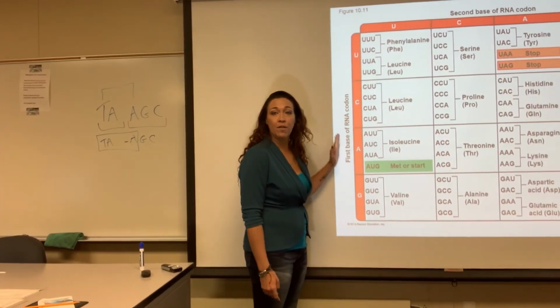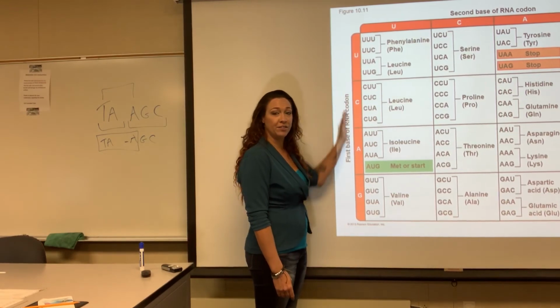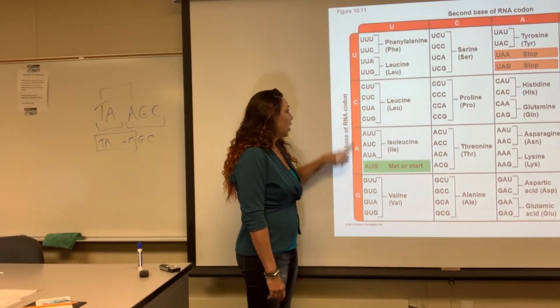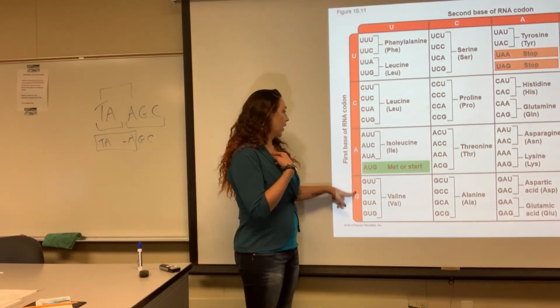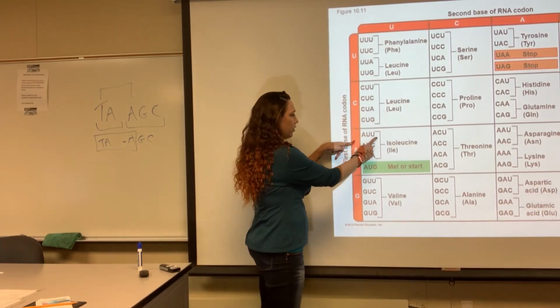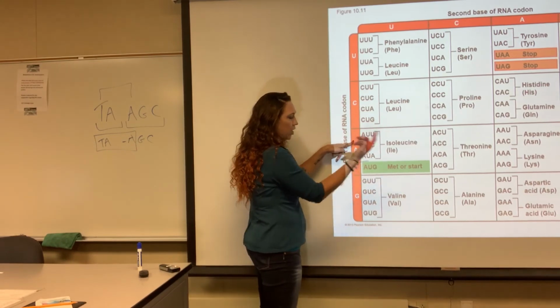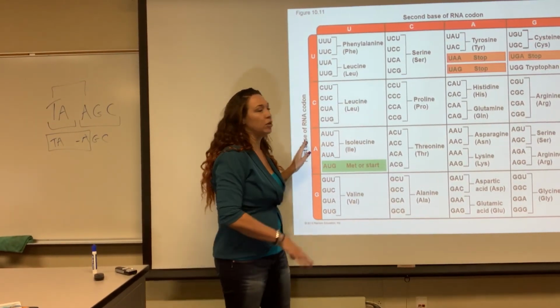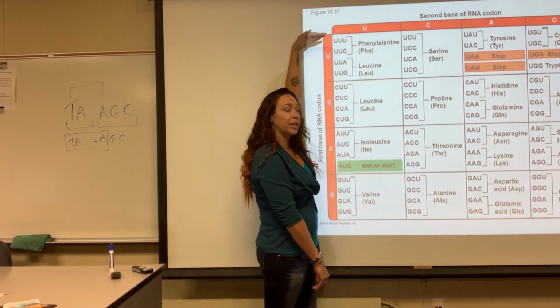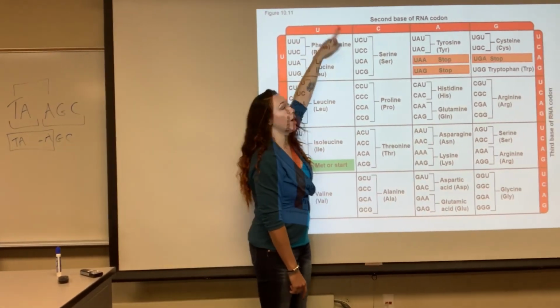So first up, we have our first codon right here on the left-hand side. It says first codon. You have U, C, A, and G. We're looking for A, okay? And you can see AUU, AUC, AUA, AUG. Cool. ACU, ACC, ACA, ACG. So now you look at the second part, which is going to be the top part here. So it says the second base pair.